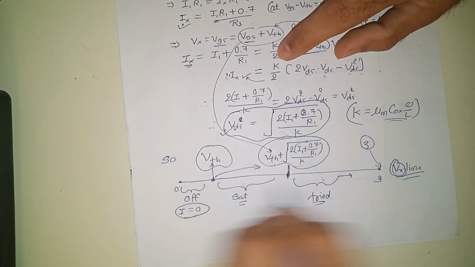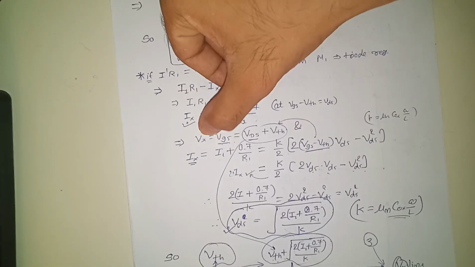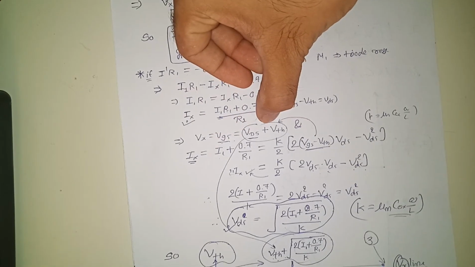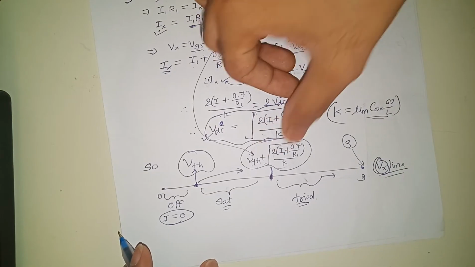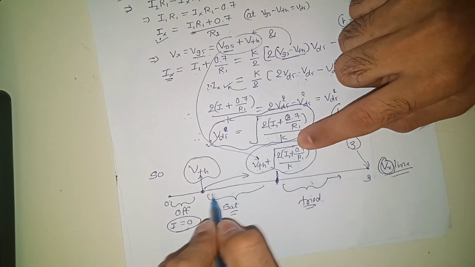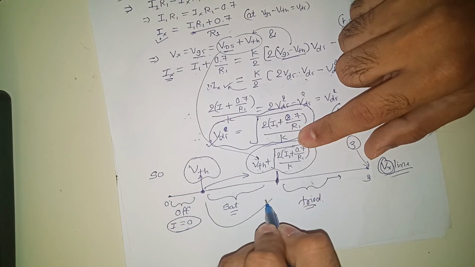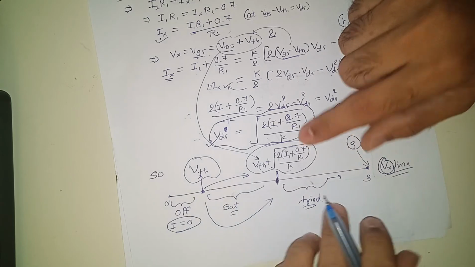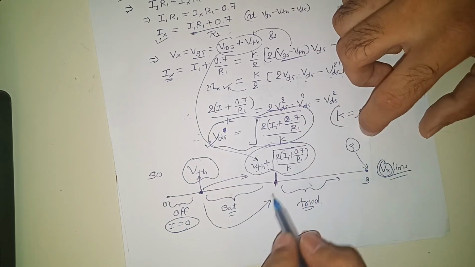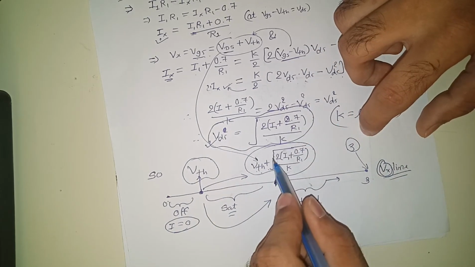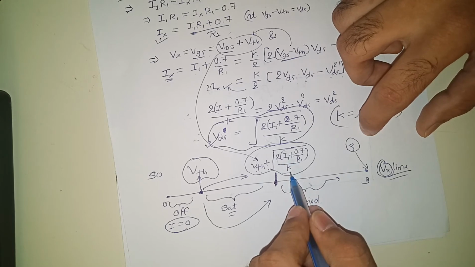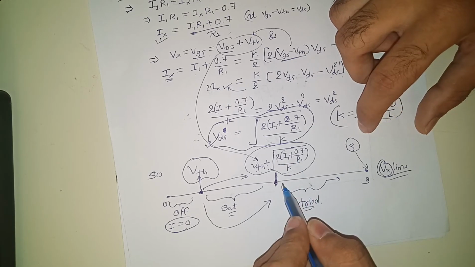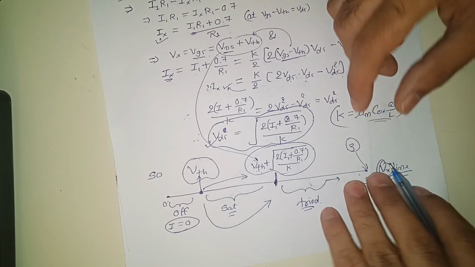Okay, this is the Vx line, so Vx is VDS plus VTH. So from this point to this point the device will be in saturation, and from this point, that is VTH plus under root 2Ix upon K, this is Ix ultimately, from this point to 3 volts it will be in the triode region.